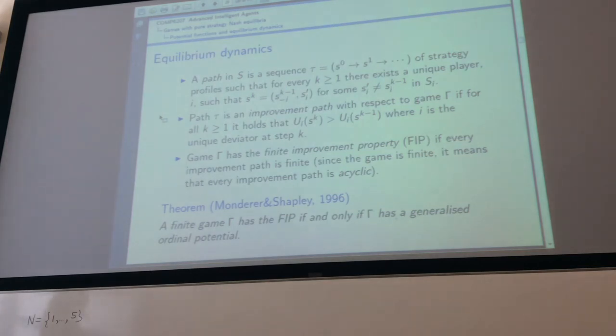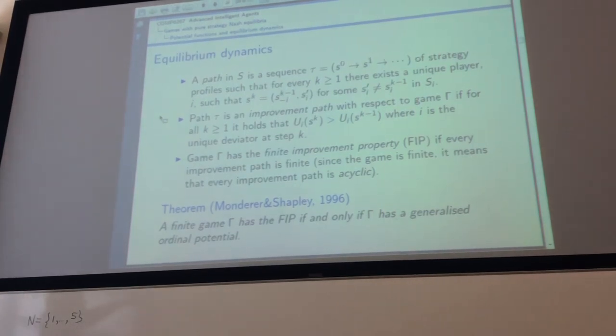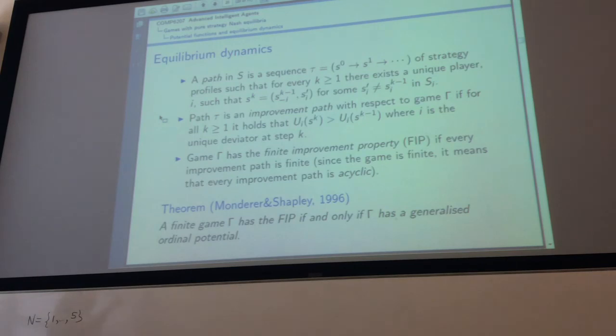And we would say that such a path is an improvement path if every such change actually is an improving move for the given agent who makes the move, right? So the agent who makes the move at step K, at that step increases his utility. Okay, so we can talk about paths, improvement paths.